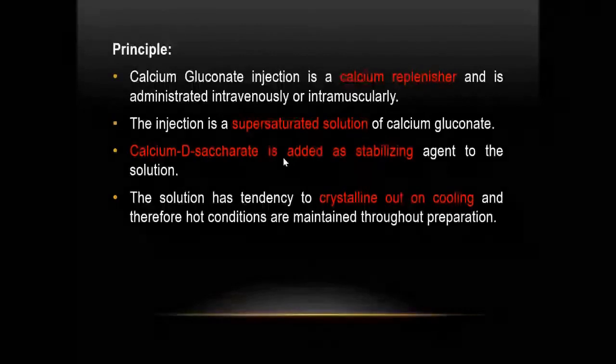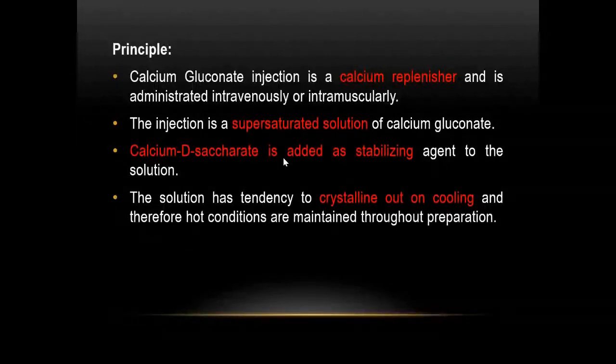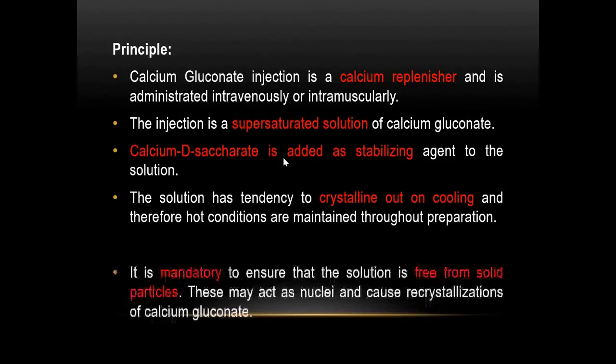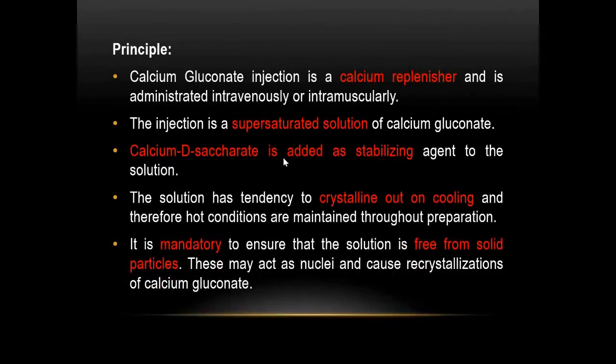So that's why we have to prevent the formation of any nuclei, or we have to keep the solution completely clear. Even the presence of a minute particle will help in the formation of crystals. So that's why the solution must be completely clear and it must be free from all types of nuclei. It is mandatory to ensure that the solution is free from solid particles, as we discussed now. So this may act as a nuclei and cause recrystallization of calcium gluconate.